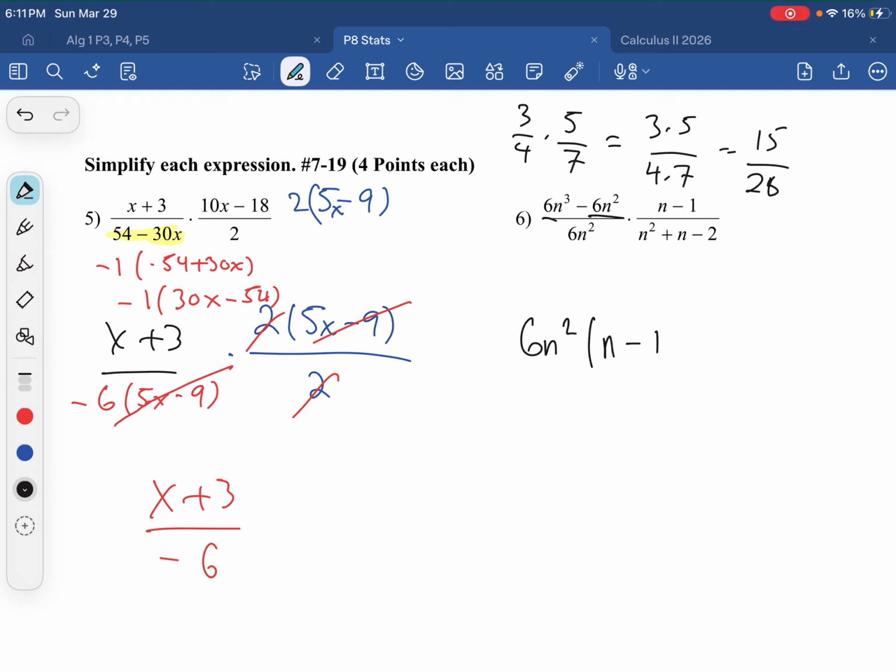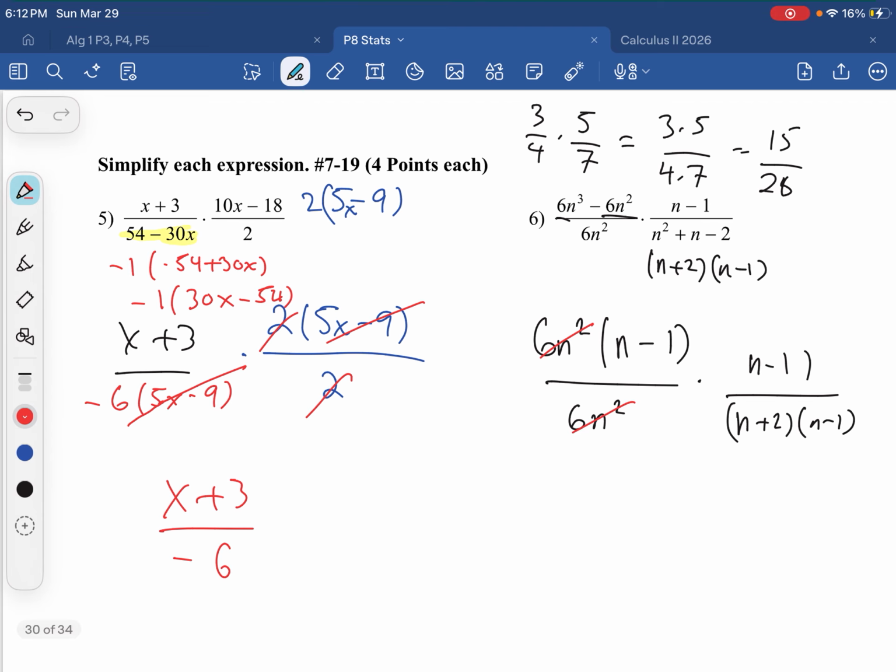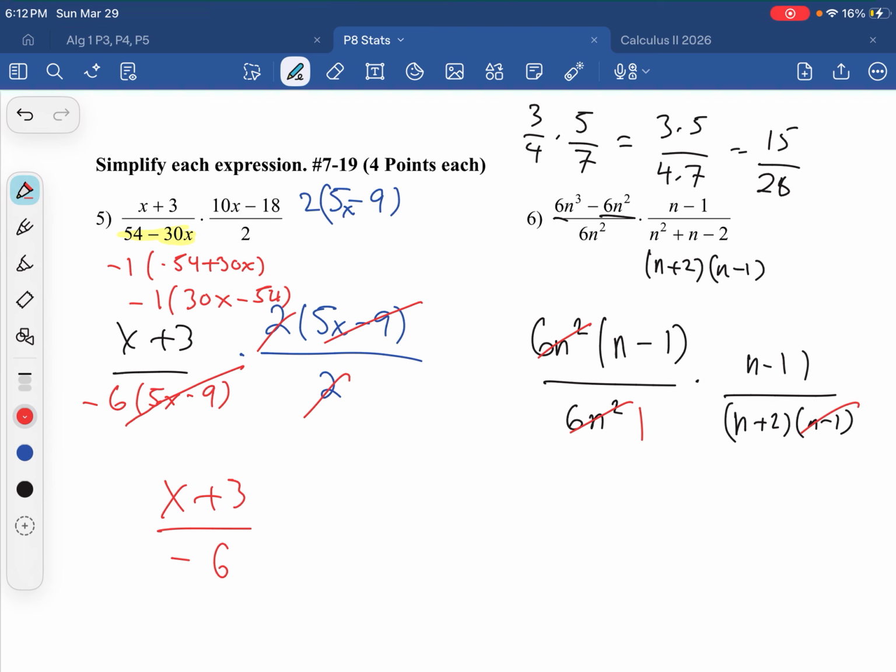That leaves me with n minus 1 divided by 6n squared, times n minus 1 over, now n squared plus n minus 2, which I would factor as n plus 2 times n minus 1. 6n squared is going to be divided by 6n squared, so I'm left with a 1 in the denominator, and n minus 1 and n minus 1 in the numerator.